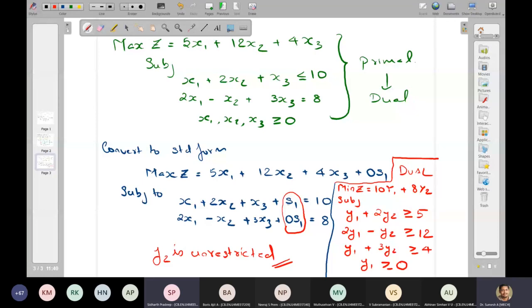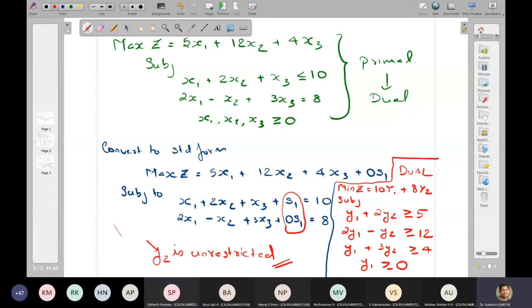Yes, so 0 y2 I just removed, so y1 is greater than or equal to 0. You can conclude that y2 is unrestricted, so y2 can take any value. Okay, sir.